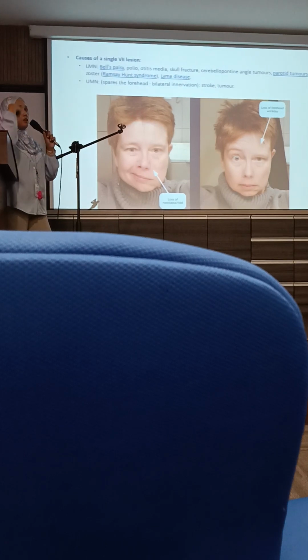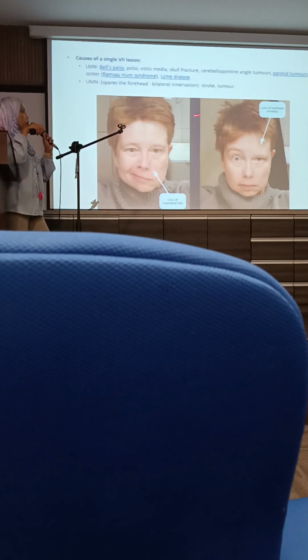If the forehead is also affected, then it is a lower motor neuron lesion. Lower motor neuron lesions include Bell palsy, poliomyelitis, otitis media, or herpes zoster. Upper motor neuron lesions are more intracranial, such as stroke or tumor.